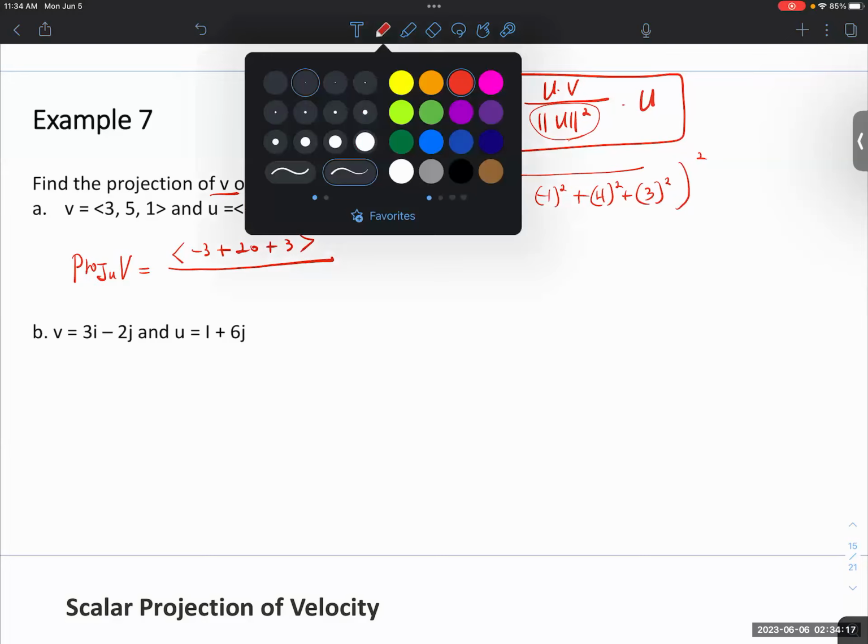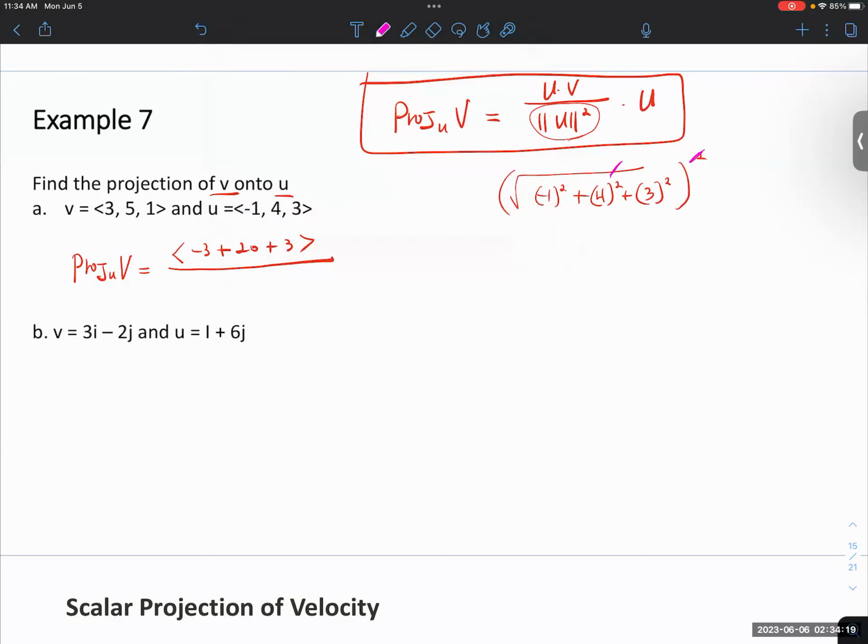So simply the radical and second power are going to cancel. Am I correct? So the inside is going to be just -1 to the second, 4 to the second, plus 3 to the second. Am I correct? And then you're going to multiply the U vector, -1, 4, 3 here. So therefore, adding them up, 20 over the bottom, 1 plus 16 plus 9, 26.